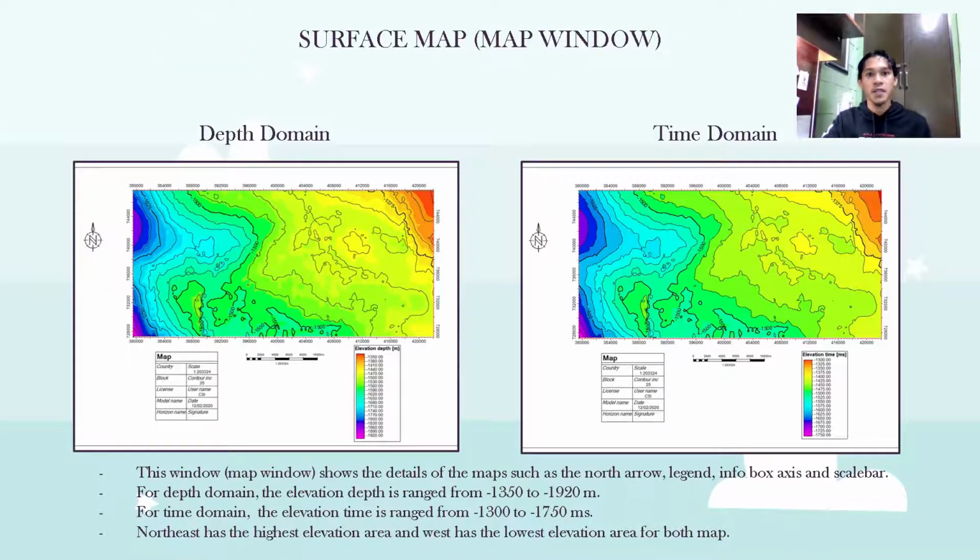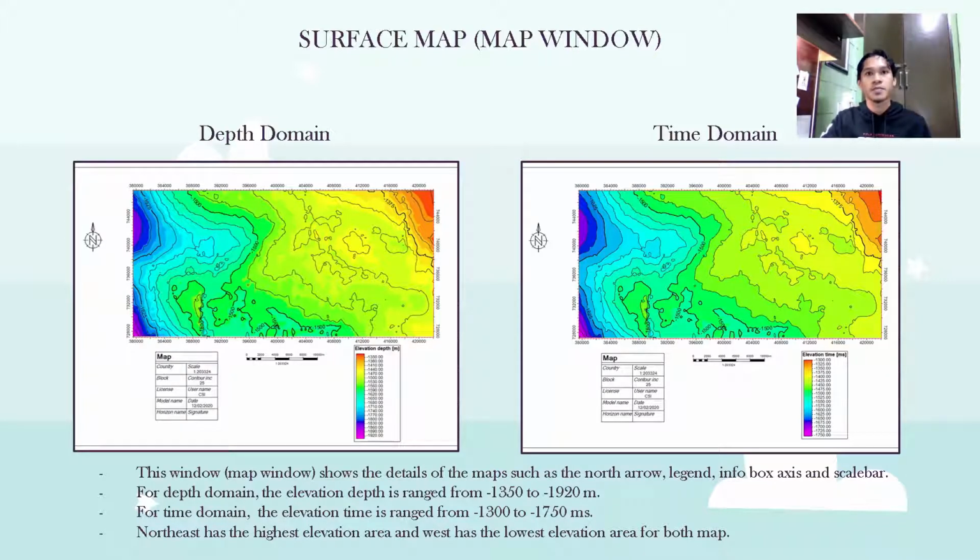Next, we can see the surface map in the map window. This map window shows the surface map in the format of a map window. This window also shows the details of the map, such as the north arrow, the legend, the info box, and also the scale bar. For the depth domain, the elevation depth ranges from negative 1350 until negative 1920 meters.